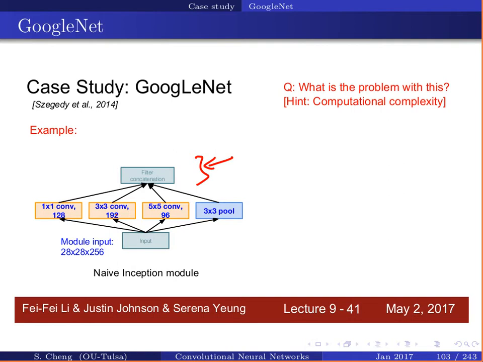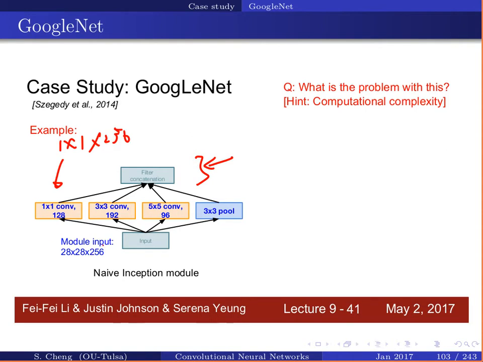And by the way, what's the size of the filter here? Do you still remember? It's 1 by 1, but remember that unlike in signal processing, the conv layer here is always volumetric, so the filter is volumetric. The size of the filter here is actually 1 by 1 by 256, because the depth of the input is 256.